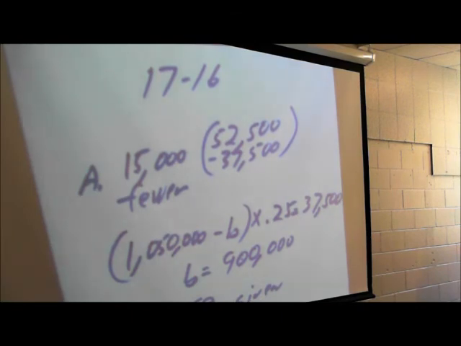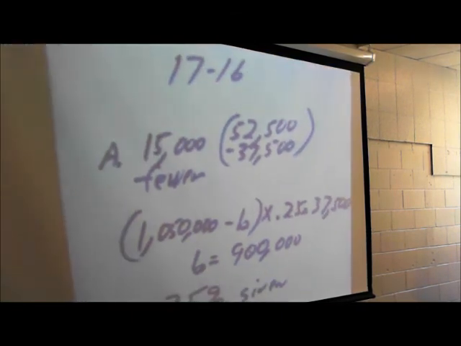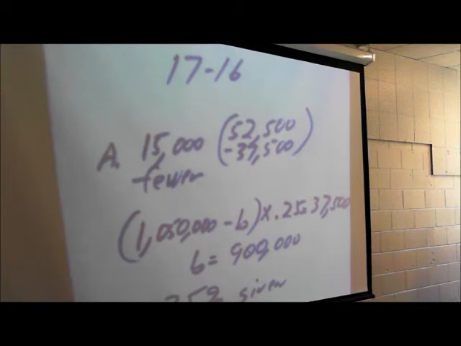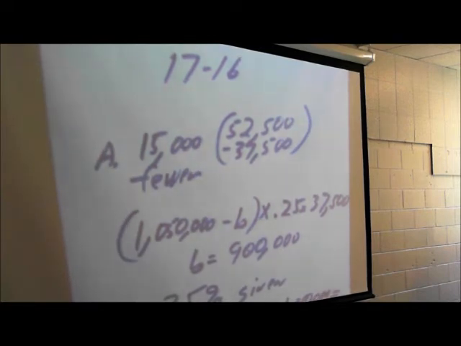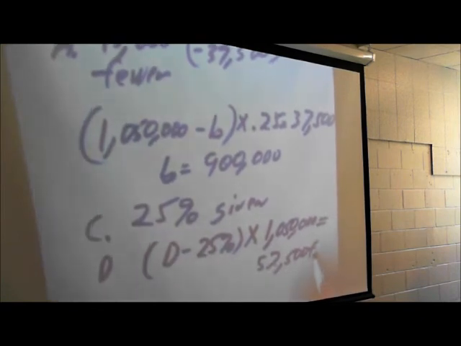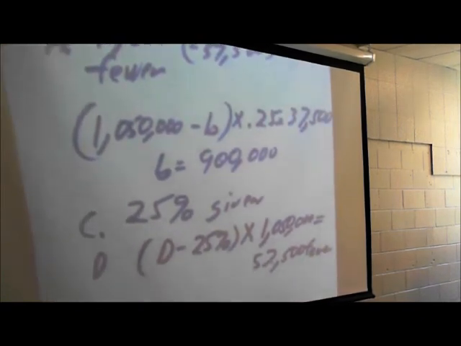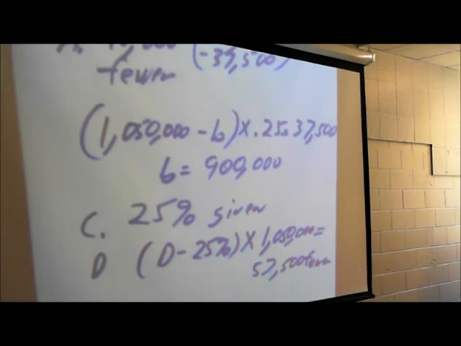So on D, you're saying D minus 25%, because that was given, times 1,050,000 equals 52,500. Since it's fewer, we know that D has got to be less than 25%.